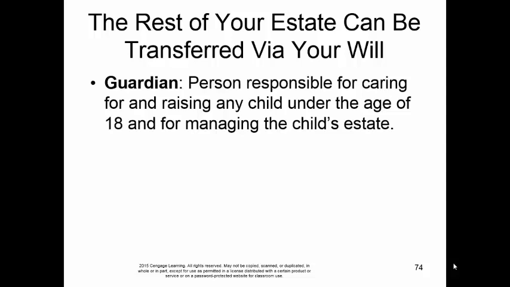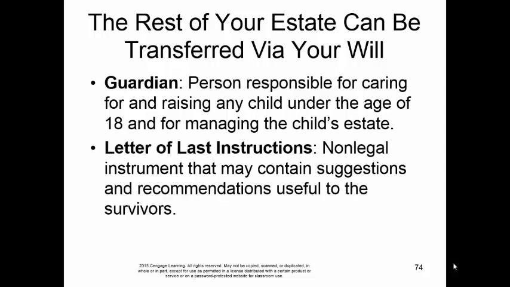Guardian is, hopefully you know this, the person responsible for caring for and raising any child under the age of 18. So if you have minor children, your will should appoint a guardian and provide instructions for the guardian.